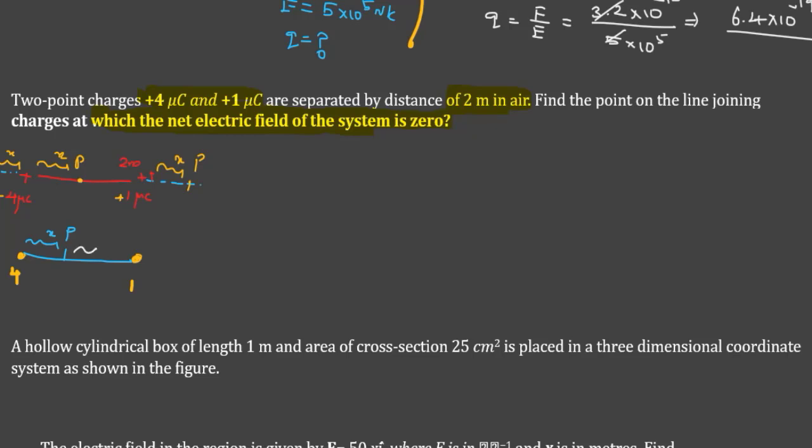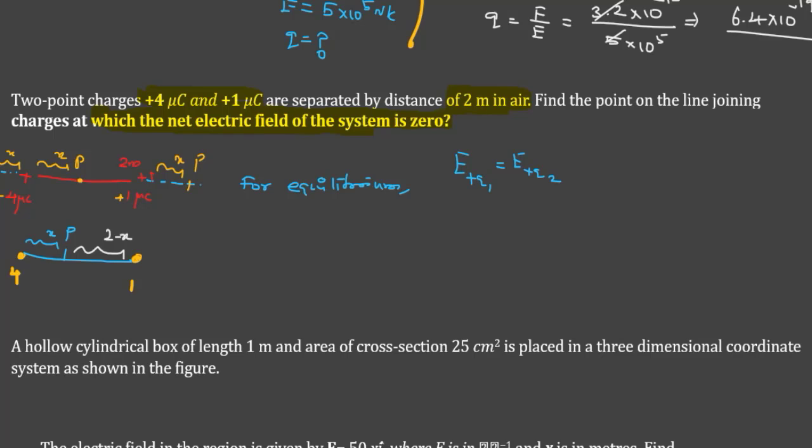So this distance will be 2 minus x. So based on this we are going to calculate for the equilibrium condition. For equilibrium we can take that E due to the positive charge is equal to E due to the other positive charge.